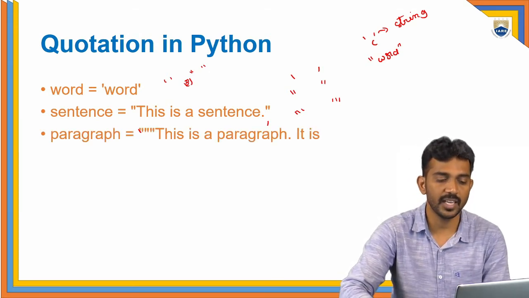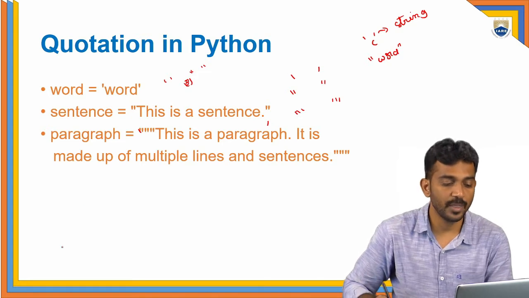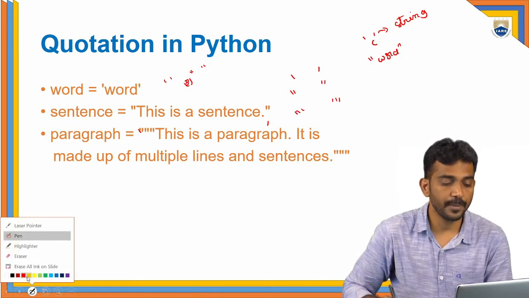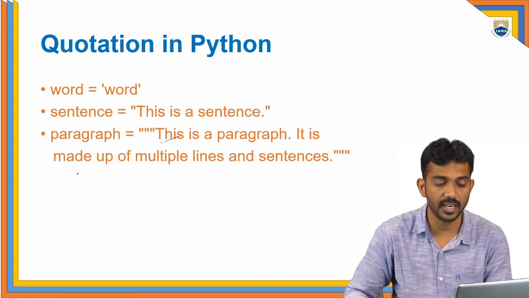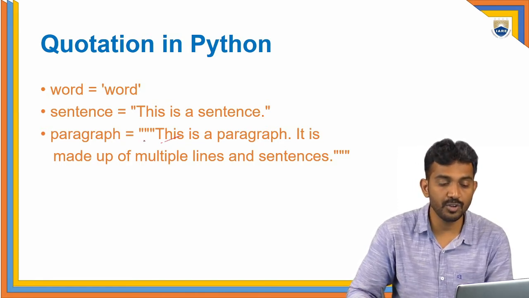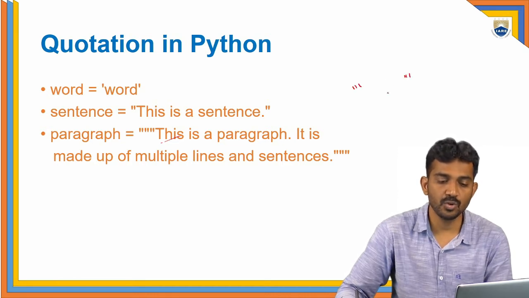Coming to the next thing, here I'm going to write multiple lines. This is the first line and this is the second line. It means a paragraph, I'm going to write a paragraph. For paragraphs, you should use a triple quotation. You can use a single quote three times, or you can use double quotes like this.